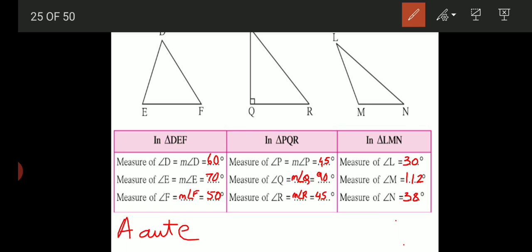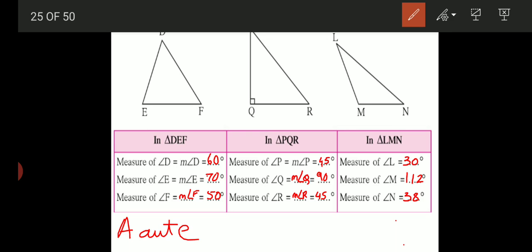I'm not writing the entire thing, I'm just writing the word acute. So please understand that the first triangle DEF is an acute angle triangle. Why an acute angle triangle? Because all three angle measurements are less than 90 degrees.